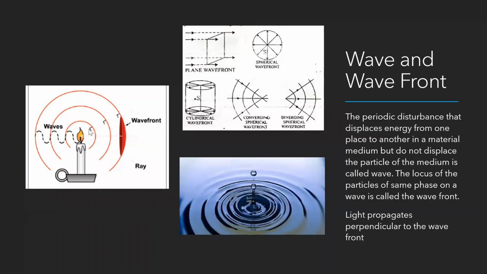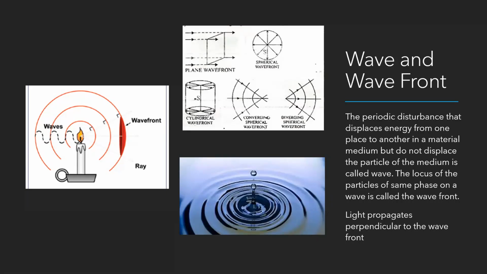Suppose the light is traveling with a velocity v. We are considering after 1 second. So after time t, the light travels a distance of v into t, velocity into time. If you take at that time a circle drawn with that radius, it will give you the wavefront at that time.